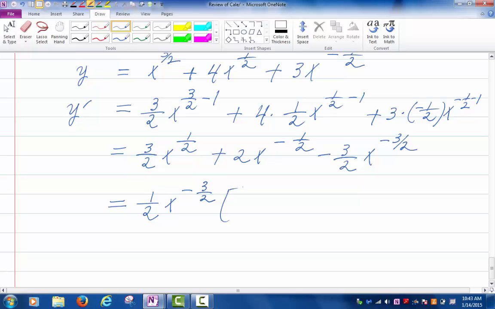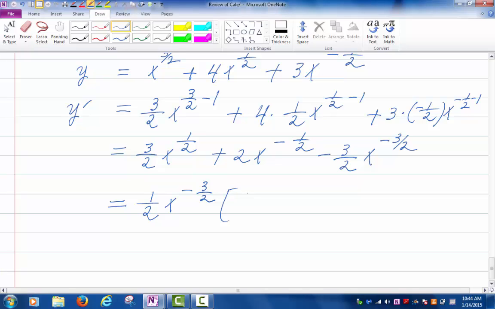So x to the negative 3 half. If I factor that out, what do I get? In the first term, when you factor out something, what do you do? You divide each term by that, right? So if I divide the first term by what I am factoring out, what do I get? Well, 3 half divided by half is what? 3, right?